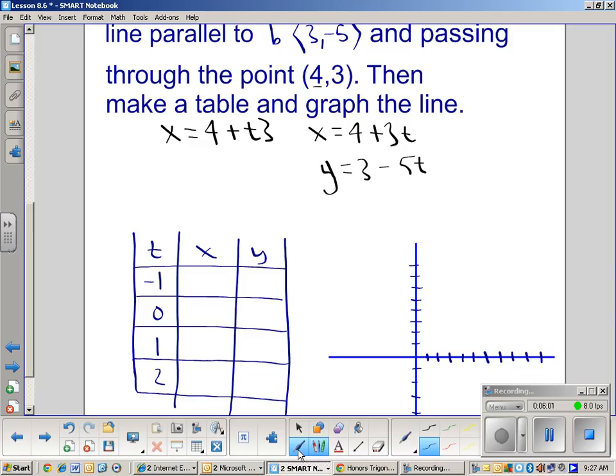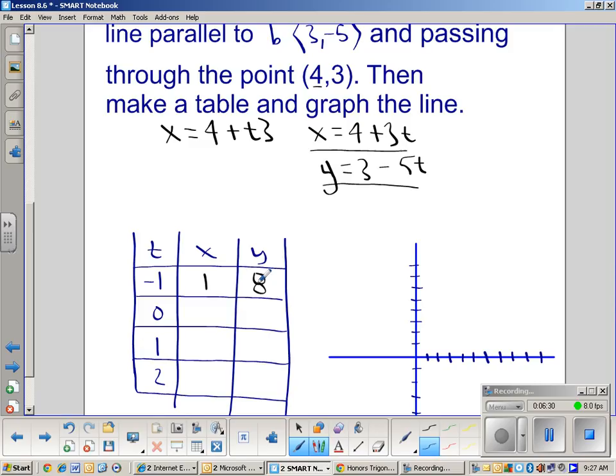And we're choosing the T value. So if I put -1 in here, what do I get x to be? 1. 4 plus 3 times -1 is 1. If I put -1 in here, what's y? 8. Okay?